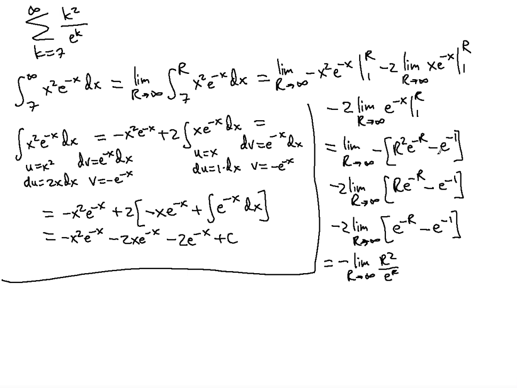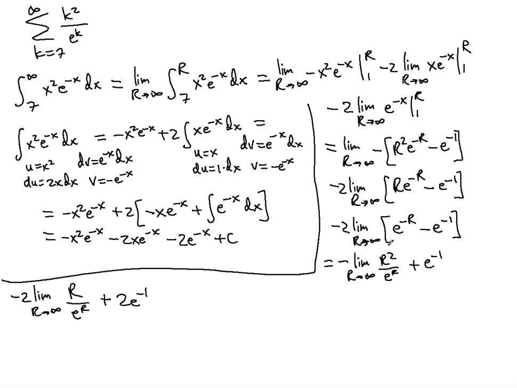Then we distribute the minus, so plus e to the negative 1. Now the second term: minus 2 limit as r approaches infinity of r divided by e to the r again, and then we distribute this minus 2, which doesn't need the limit, so plus 2 e to the negative 1.